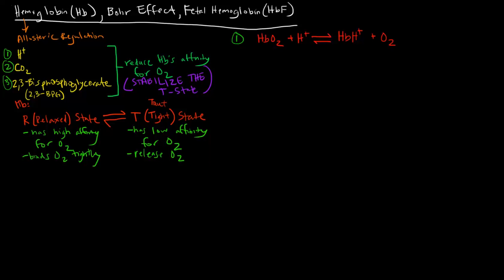Essentially, as H plus concentration increases, we favor the T state. We have more hemoglobin in the T state, so more oxygen is released.